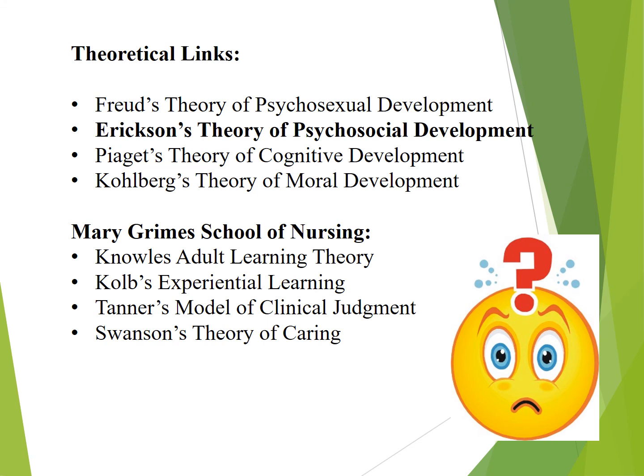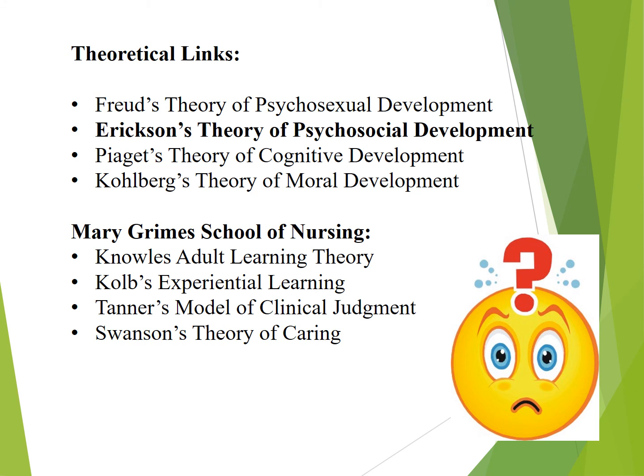Other theories that we use in this program are Knowles' learning theory, an overview of adult learning processes. It's from autonomous and self-directed, accumulating a foundation of experiences and knowledge. Adult learning is goal-oriented, relevancy-oriented, and practical.